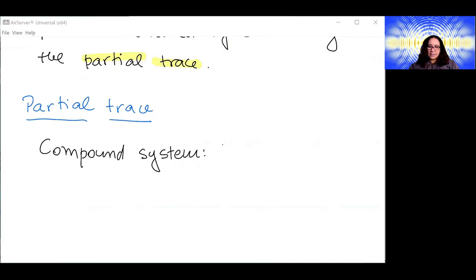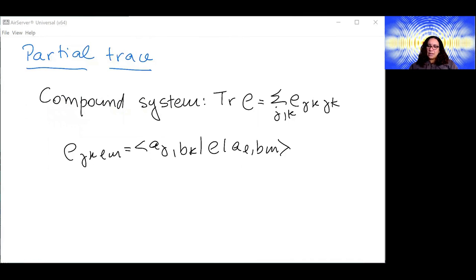Remember that ρ jklm is aj bk, ρ al bm. So pretty much what you do is like what you do in trace, you are considering the diagonal elements of this matrix, whatever you have, right? So you consider ajbk and here also ajbk, and you have the ρ here, and then you compute the trace of ρ. Agree?